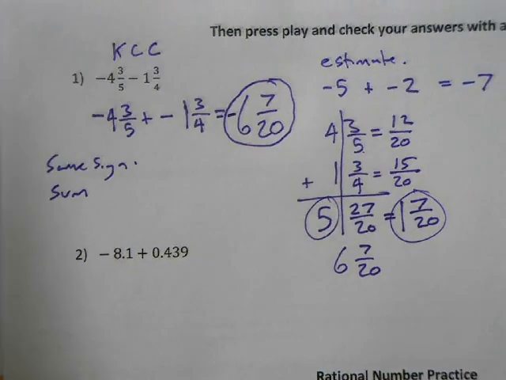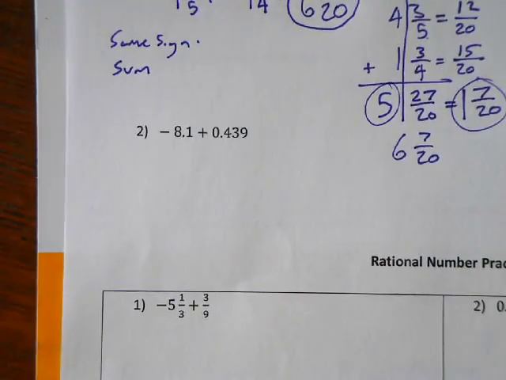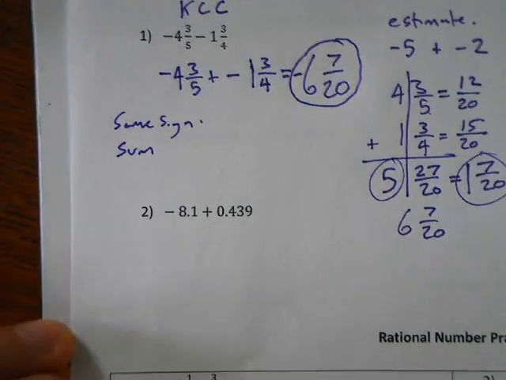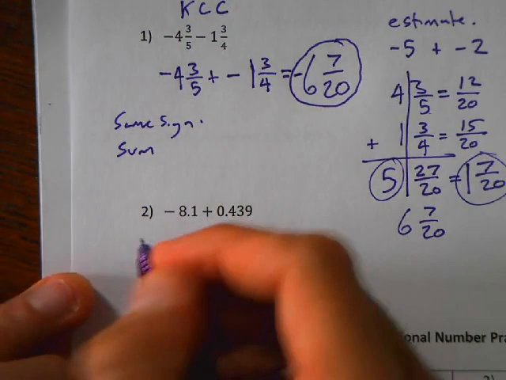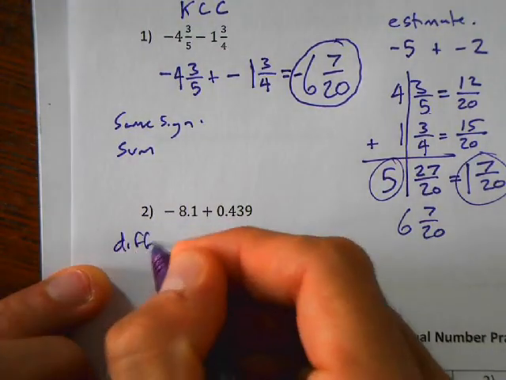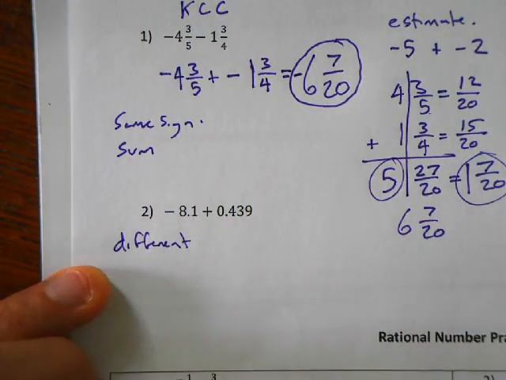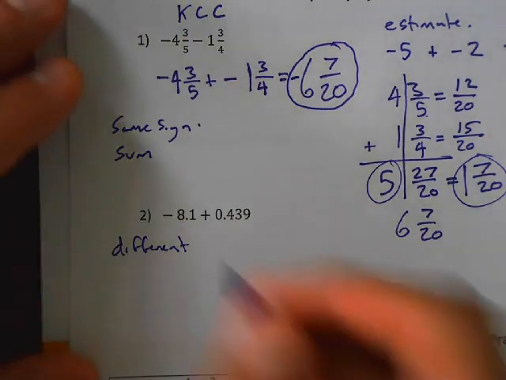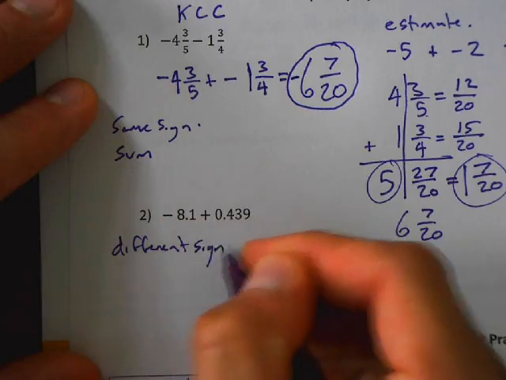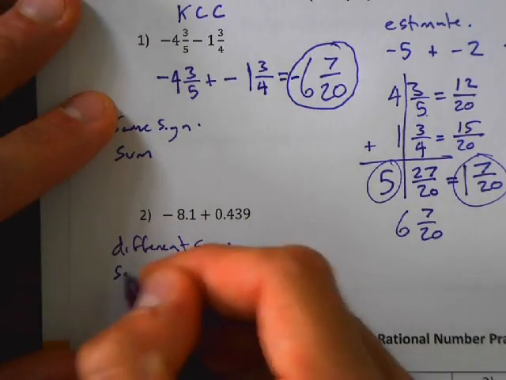Okay, let's take a look at the next one. -8.1 plus 0.439. So here, I've got two numbers with different signs. So I'm going to need to subtract.